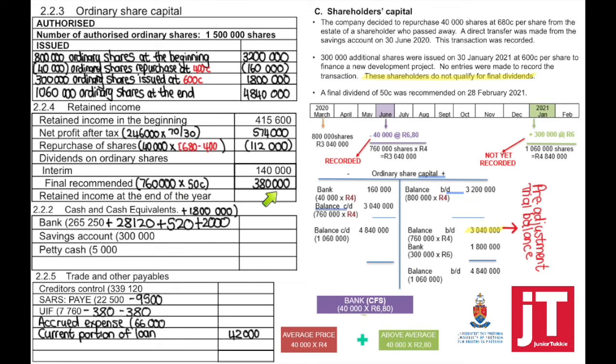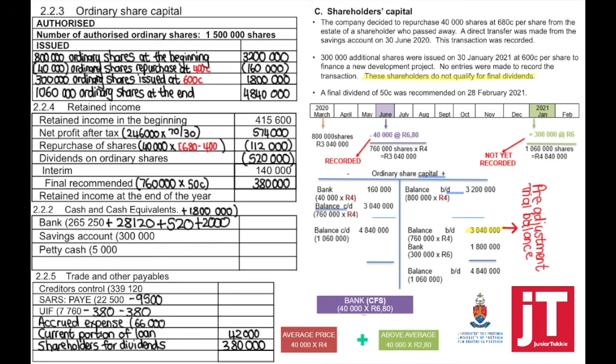That equals the final dividends recommended, 380,000. Do not forget the final dividends recommended will also appear in your trade and other payables as shareholders for dividends, 380,000.